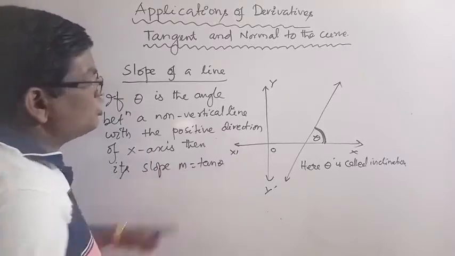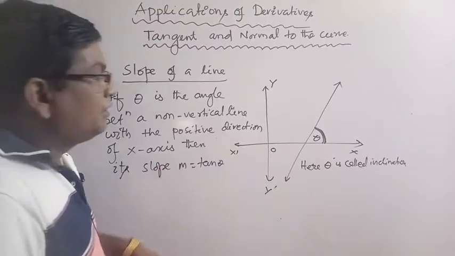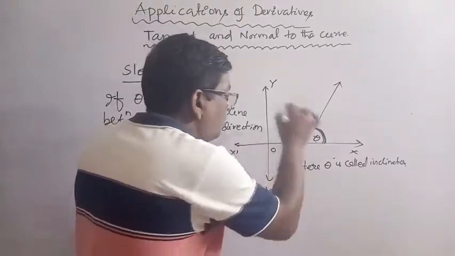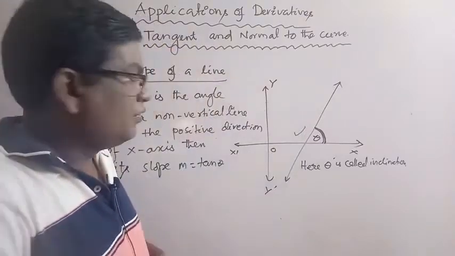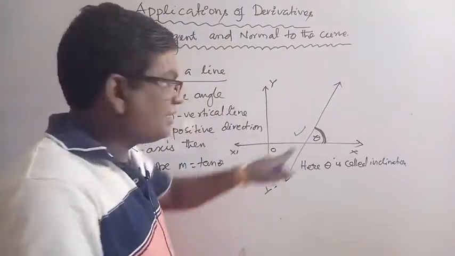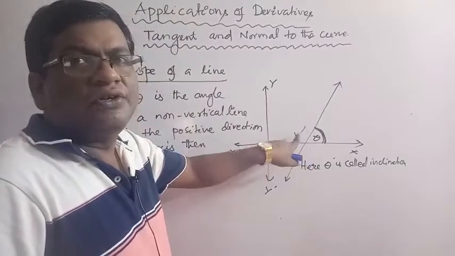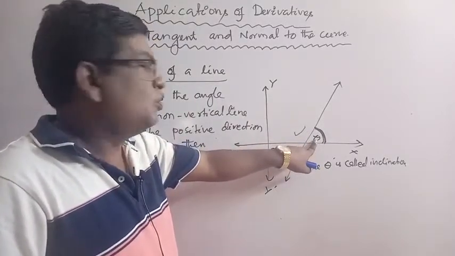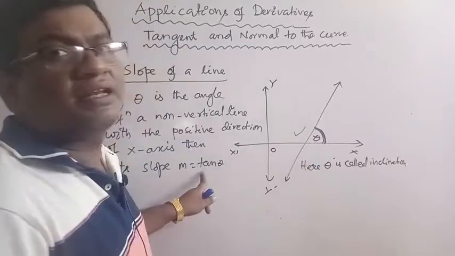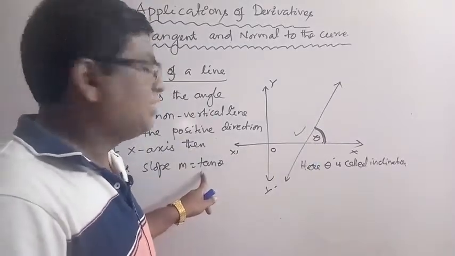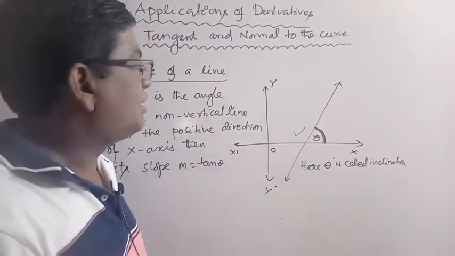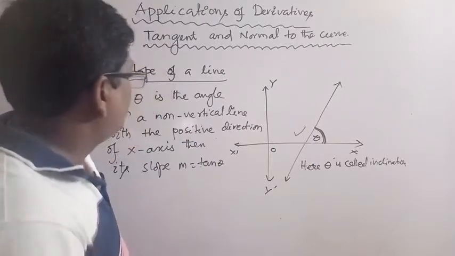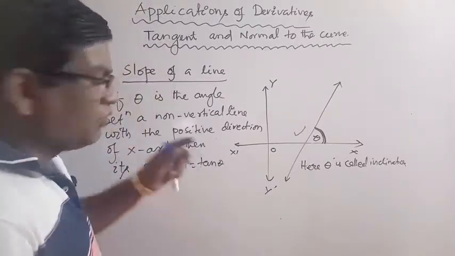Theta is also called the inclination. This left side angle is not counted to find slope; the right side angle is treated as inclination. So m equal to tan of the inclination of the line, that is m equal to tan theta.